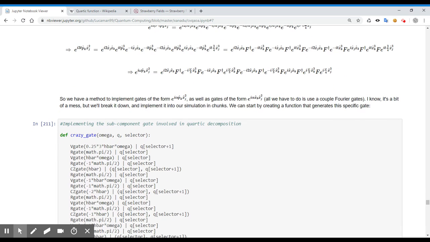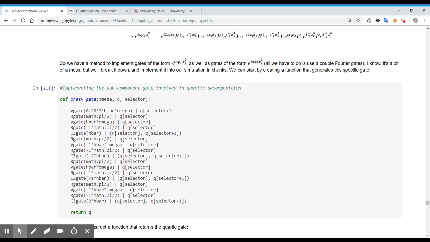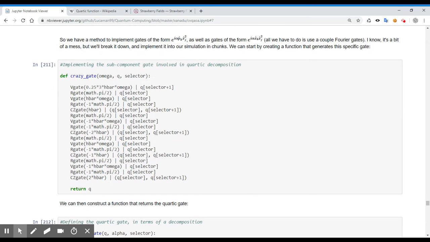Crazy gate. Oh my god. V gate, R gate, V gate, R gate, control Z gate, R gate. Is it a coincidence that there are 4 control Zs? Oh, because it's the repetition of the same thing.